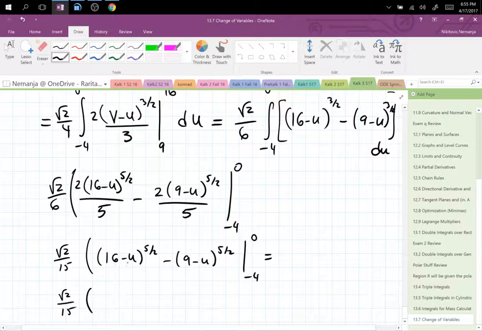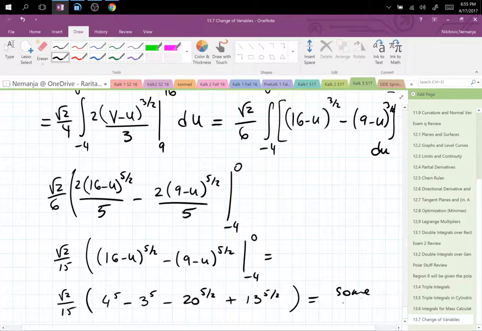When you plug in 0, that's a 16, which gives me 4. So you have 4 to the 5 minus 3 to the 5, minus -4 will give me 20 and 13, equals some decimal. No one cares what it is right now. That's the answer.